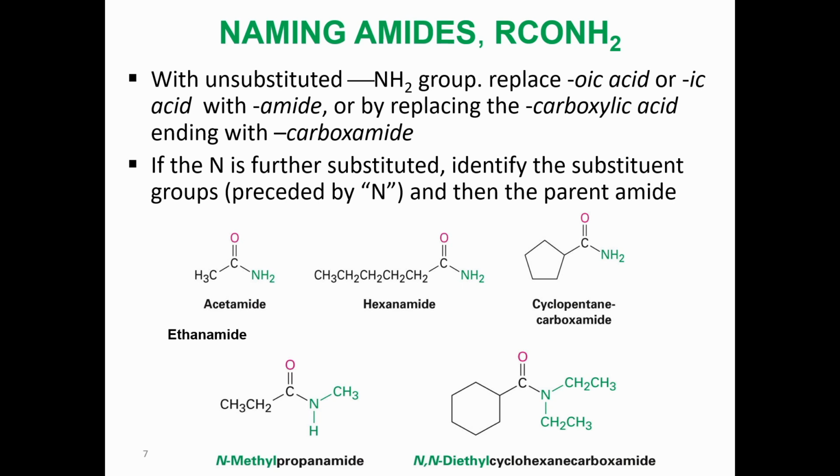So that is why we are using N-methyl. The second compound, we have both hydrogens replaced with alkyl. So we call them N,N-diethyl. Assuming I have methyl and ethyl, I will say N-ethyl and N-methyl because they are different.